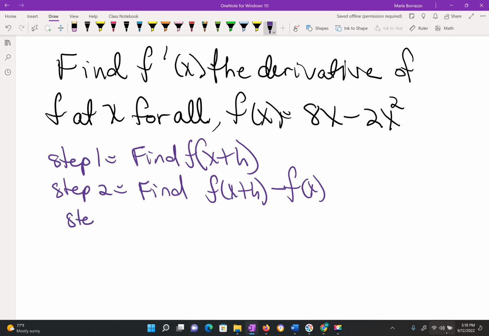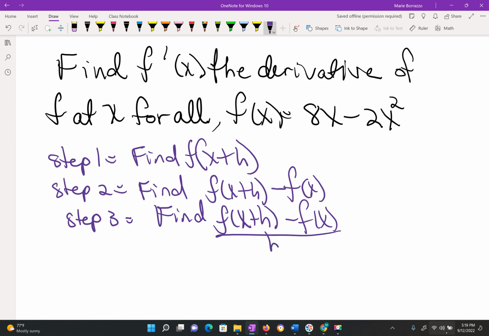In step 3, you're going to put the whole enchilada together. So find f of x plus h minus f of x all over h. And in step 4, they just want you to find the limit as h approaches 0.